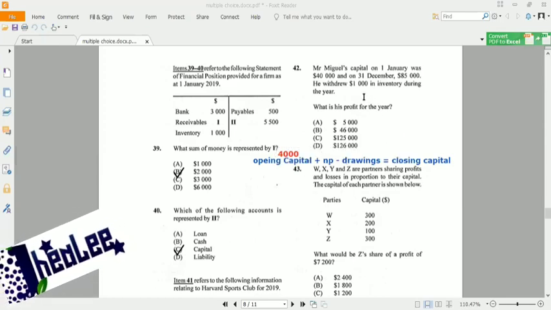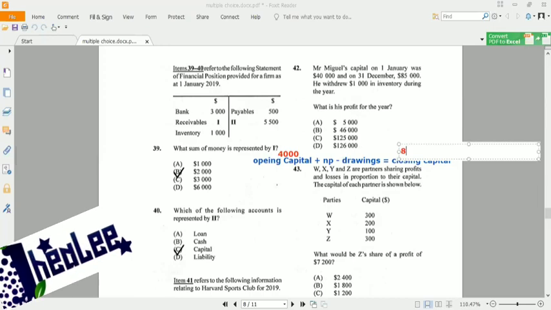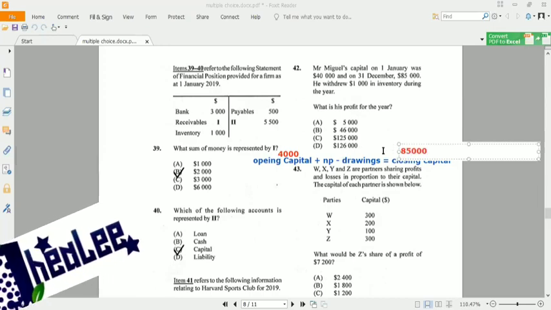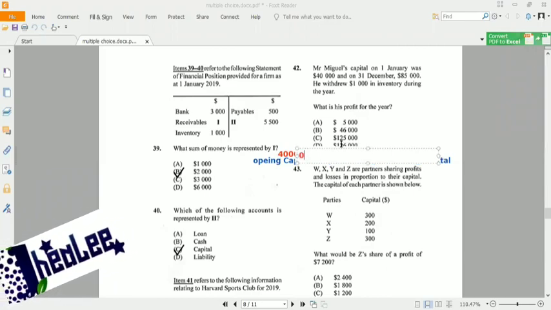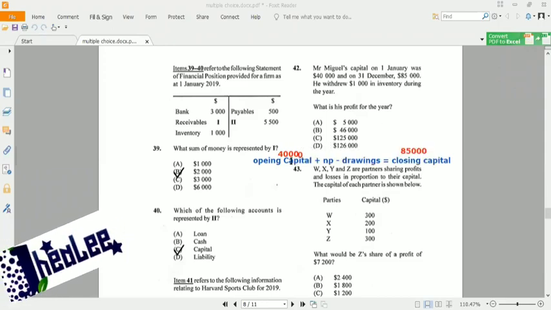We have capital at the end, and that would have been the 85,000. I just realized I left off a zero, thanks.